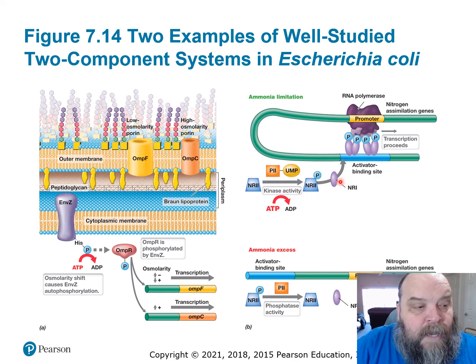NRI is an activator. It binds here. What's not being shown is a bunch of other proteins that will aid in the bending of the DNA. It bends around, and then you see the polymerase will be positioned thanks to NRI bound to the activator binding site. We get transcription of the nitrogen assimilation gene.